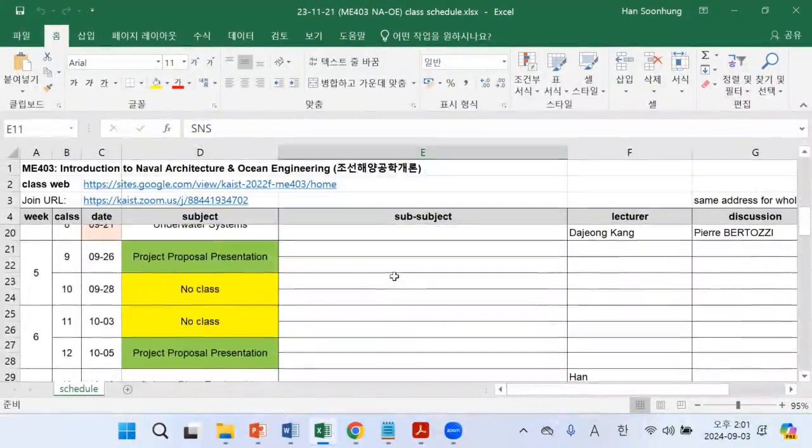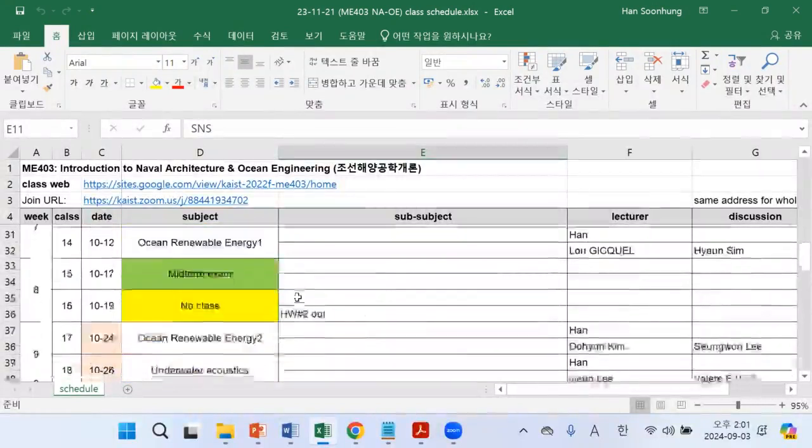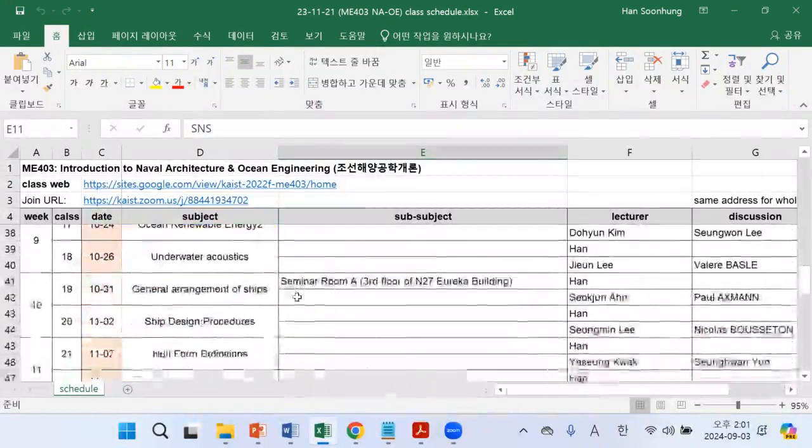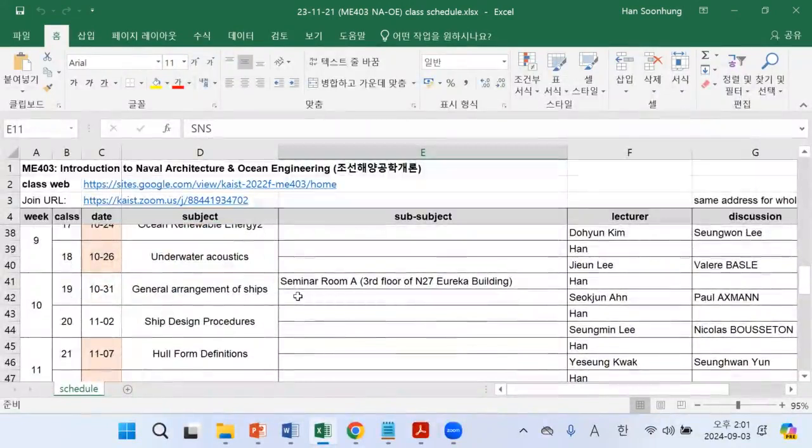And at that time, probably this time with 10 teams, you cannot do it in one day. So we do it twice. Midterm exam. And then naval architecture was coming later last semester, but this time, this one will be coming first.